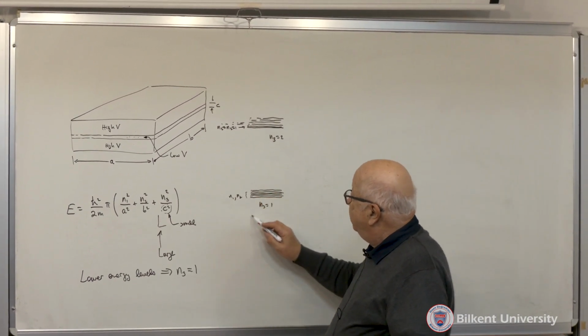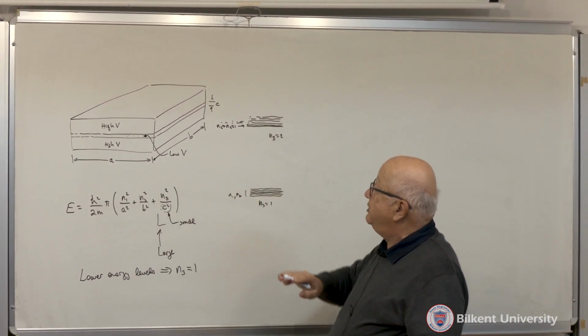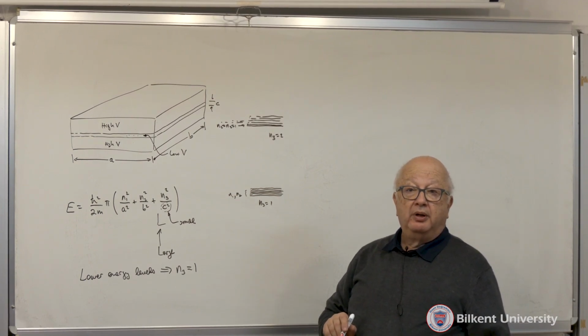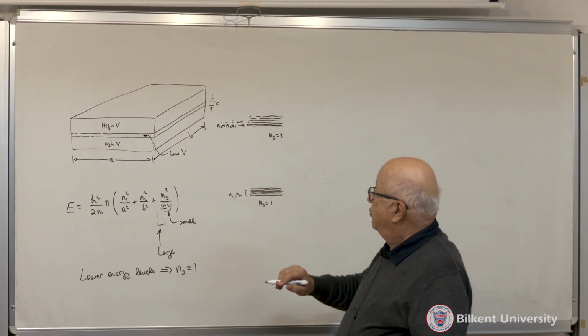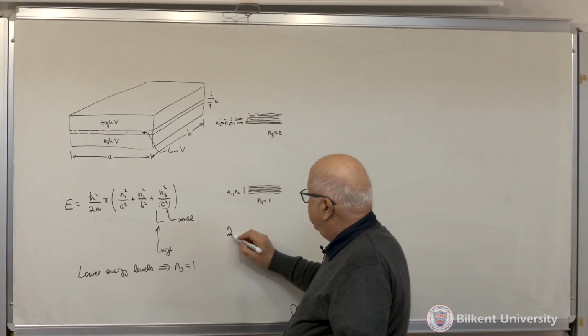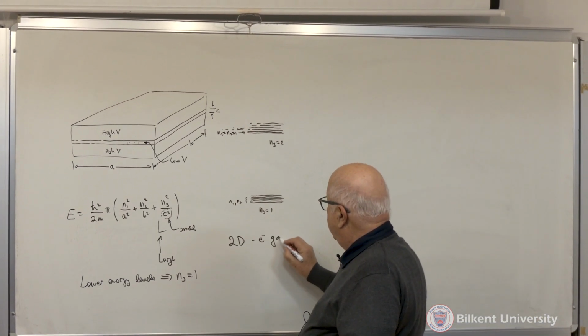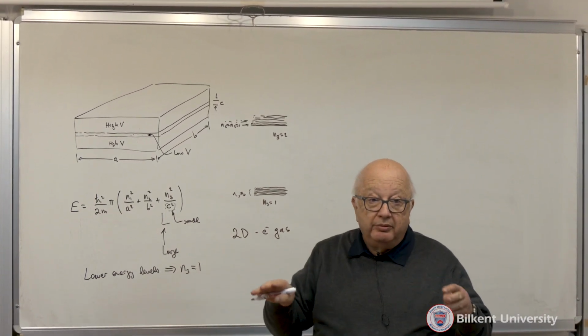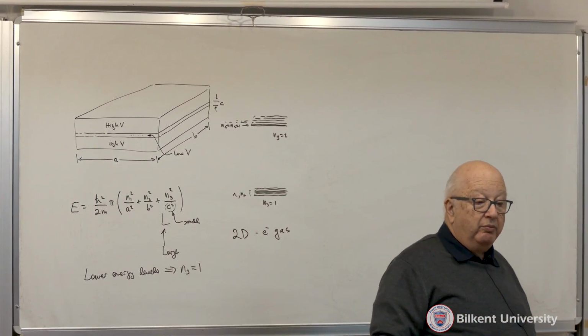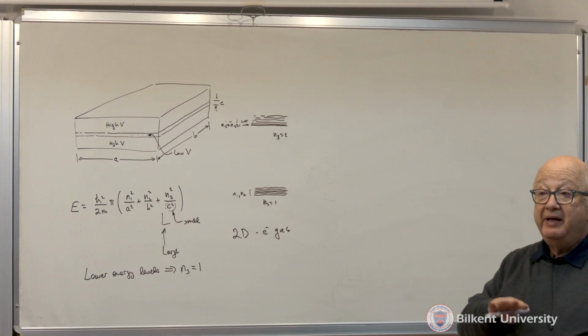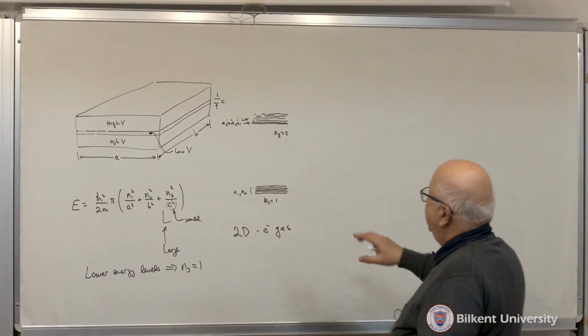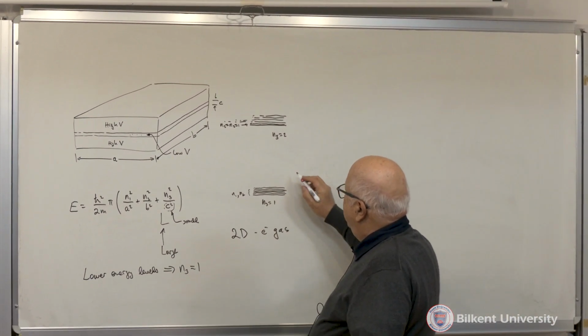So it is as if I have a two-dimensional system. This is a very important application. This is called two-dimensional electron gas. So I have these electrons moving in this two-dimensional space for reasonable energy levels.